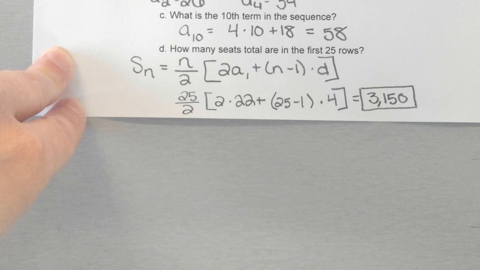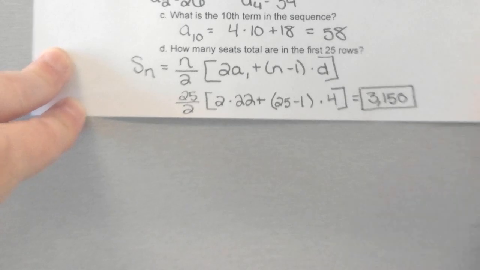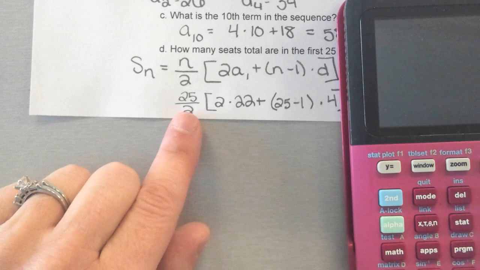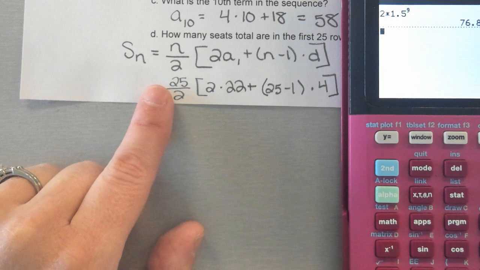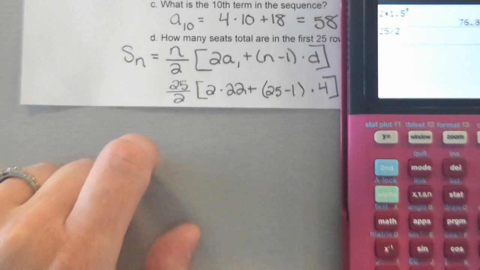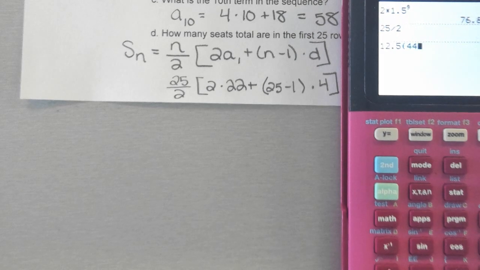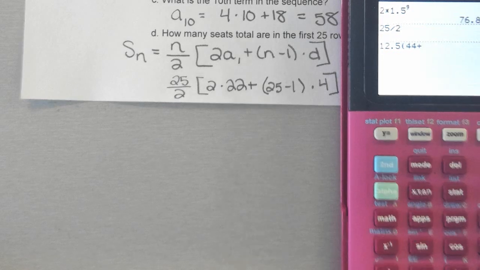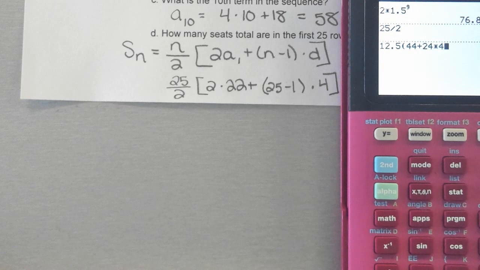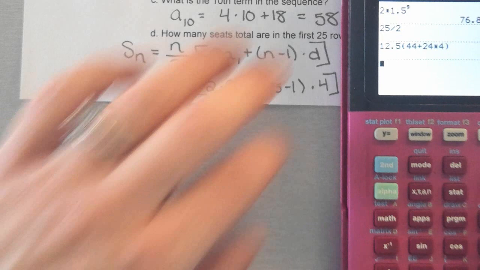But it shouldn't matter which formula you use. You got 1,000 too? Oh gosh. Okay. Hold please. Okay, so we've got 25 divided by 2. That gives me 12.5. Oh, I think I know what I did already because I think I put in 22.5. I know what I did.